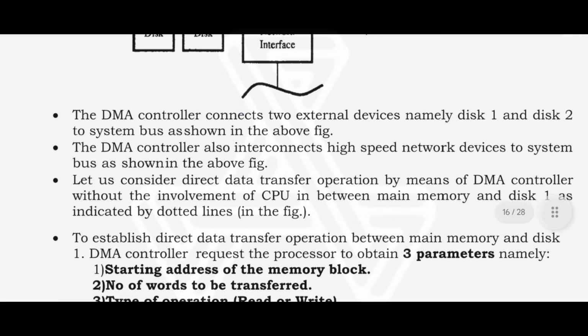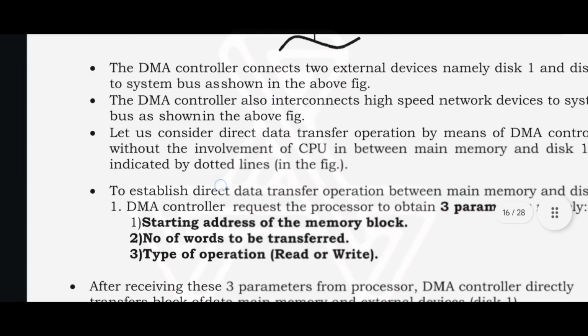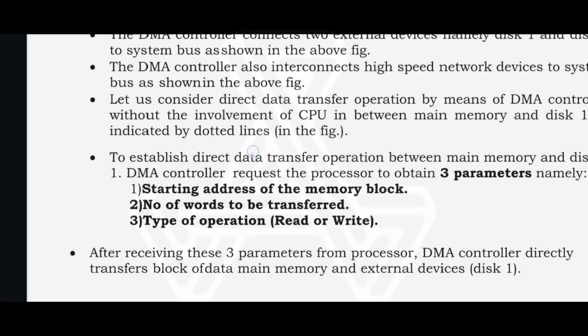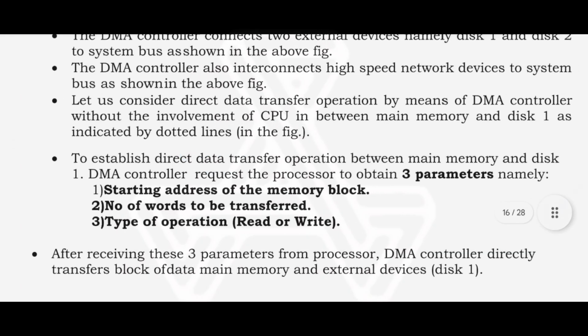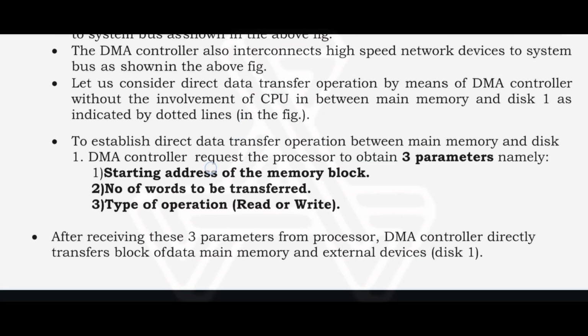Let us consider a direct data transfer operation by means of the DMA controller, without the involvement of the CPU, between memory and disk 1, indicated by dotted lines in the figure. To establish direct data transfer between the main memory and the disk, the DMA controller requests the processor to obtain three parameters, namely starting address of the memory block, number of words to be transferred, and type of operation, read or write.